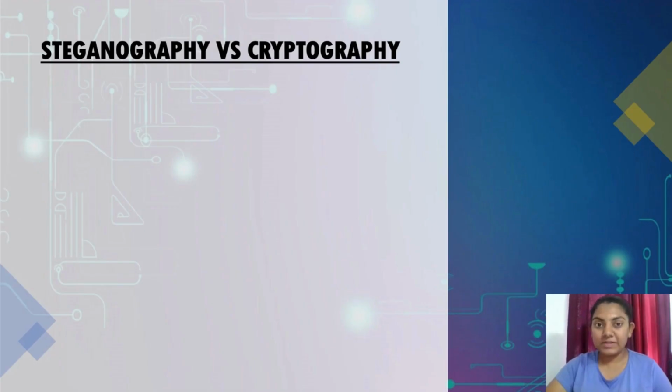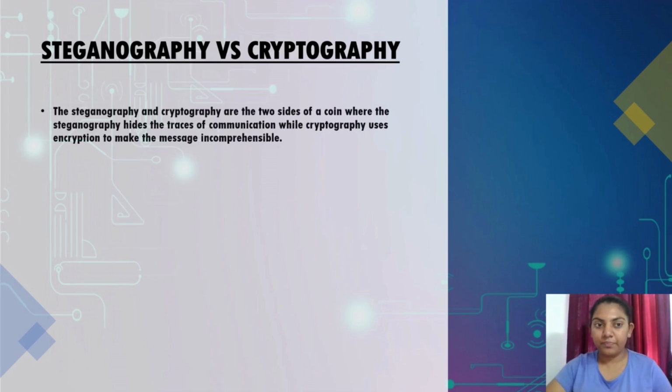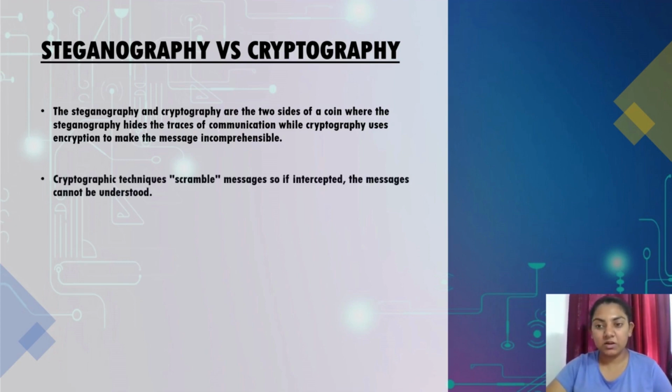So let's compare steganography and cryptography. Steganography and cryptography are two sides of a coin, where steganography hides the traces of communication, while cryptography uses encryption to make the messages incomprehensible. Cryptography is basically the science of writing secret codes.